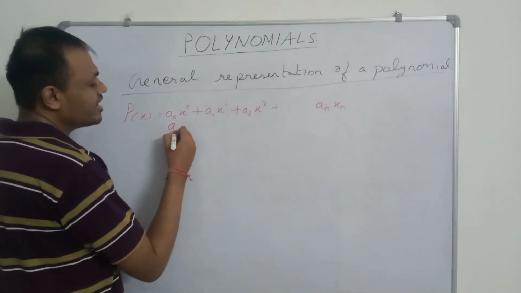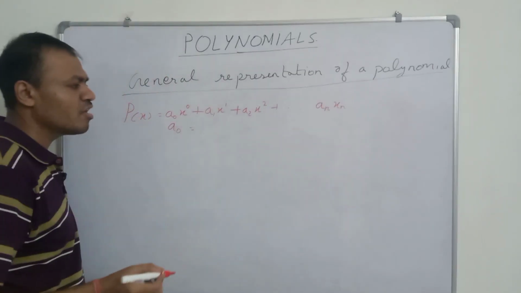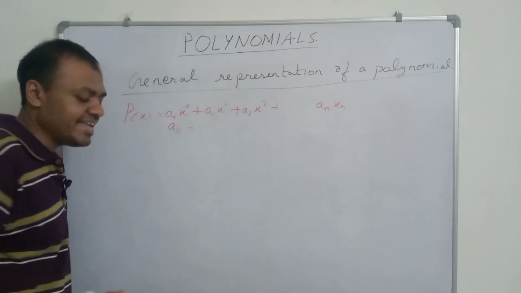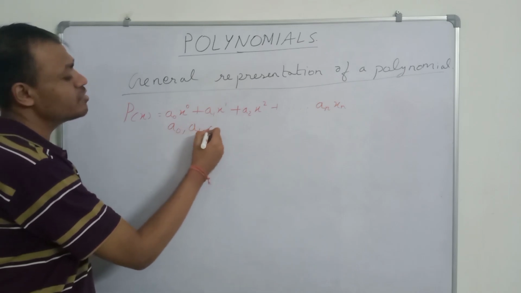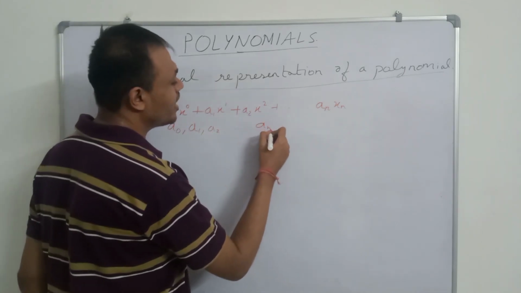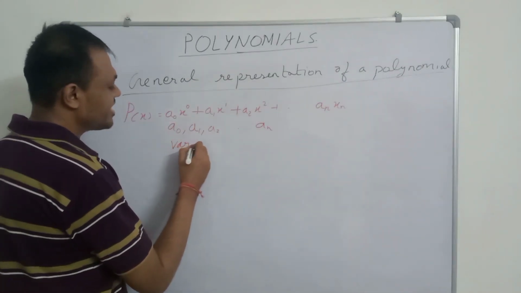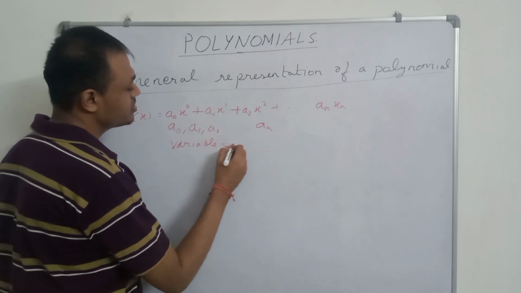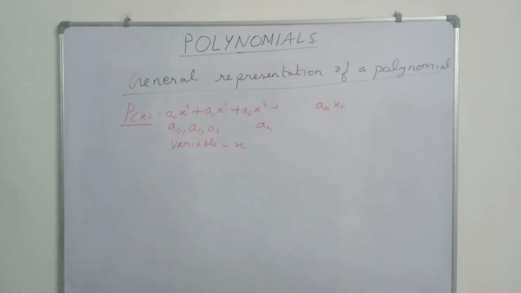The value of a0 can be anything: -1, -2, -3, 0, 1, 2, 3. a0 can be any constant. A0, a1, a2 up to an are all constants. And this is a polynomial in x because the variable is x. It is denoted by p of x.